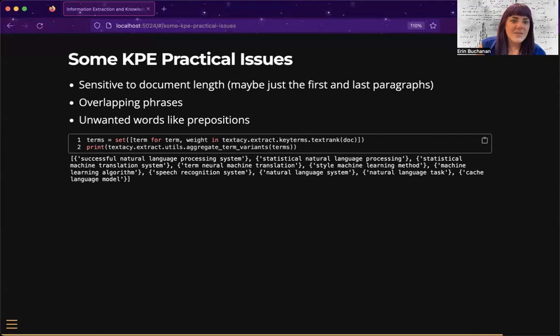So successful natural language processing system combines a lot of the like system ones. And then we have statistical natural language processing and statistical machine translation system. So notice that the first couple are combinations of the ones we've already seen.